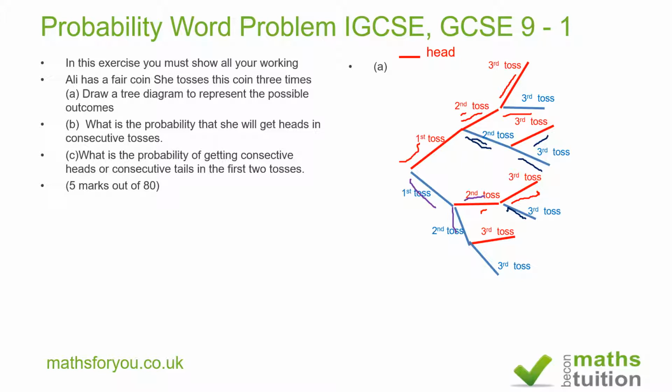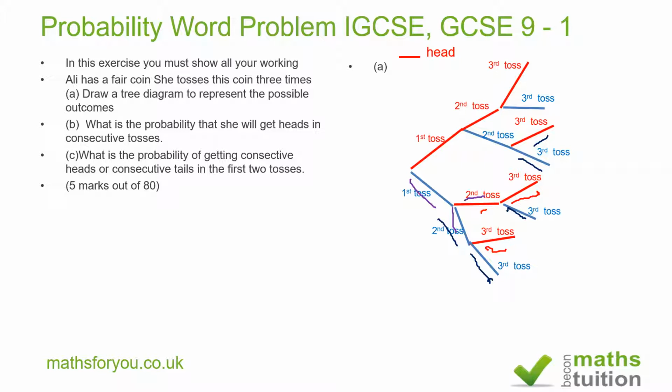Now, if she had a tail in the second toss, for the third toss she might get a head or a tail. Okay, so that is the first part of A completed, and I hope I did explain that as clearly as I could.